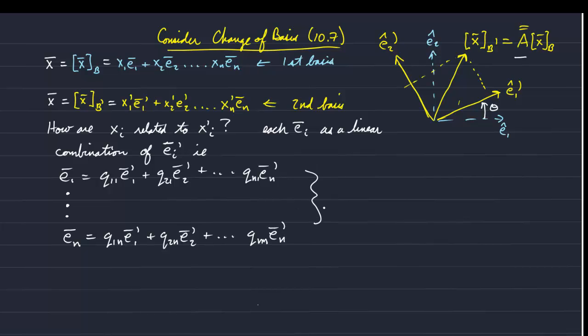And this can be written as the ith base vector is the linear combination, which is the sum of Qji times ej prime, and we're summing over j here.